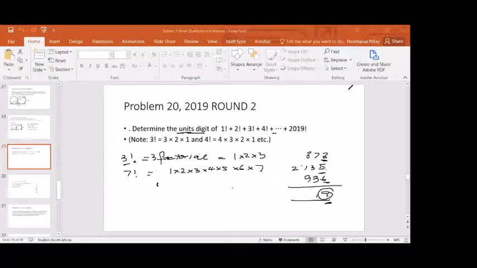Let's put it up here. 1 factorial is 1. 2 factorial is 1 times 2. 3 factorial is 1 times 2 times 3. 4 factorial is 1 times 2 times 3 times 4. Now you come to 24. Now observe, to get to 3 factorial, I simply have to multiply this by 3. To get to 4 factorial, I have to multiply this by 4. Right? If you want to come to 5 factorial, it's 1 times 2 times 3 times 4 times 5.